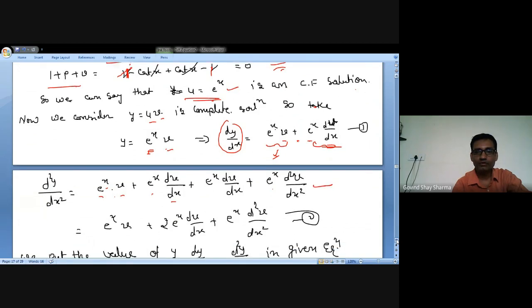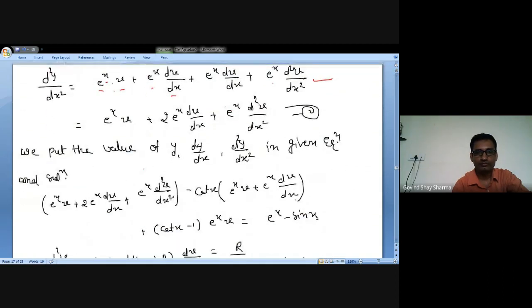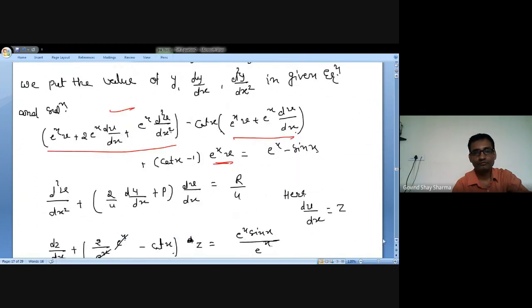This value we put in the equation, for d2y upon dx2, dy upon dx and y. Now this becomes d2v upon dx2.